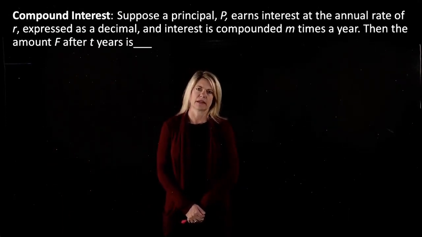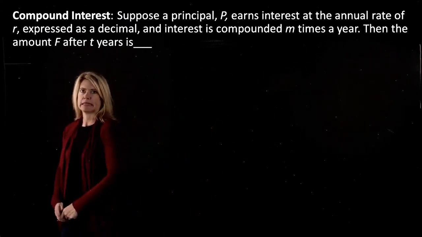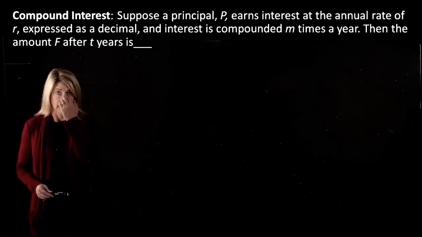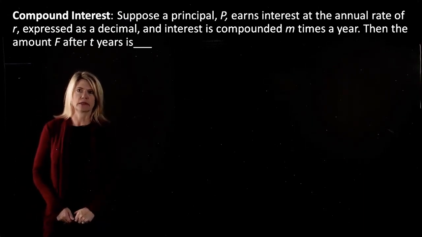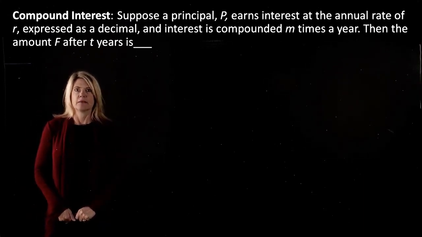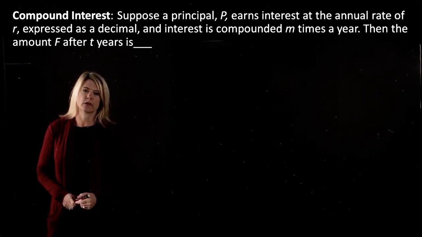Okay, so now let's look at compound interest in more general terms. Suppose we have principal P, and it earns interest at an annual rate of R, where R is expressed as a decimal in our formula. The interest is going to be compounded M times a year, and I'll talk a little more about what compounding periods are in a second.